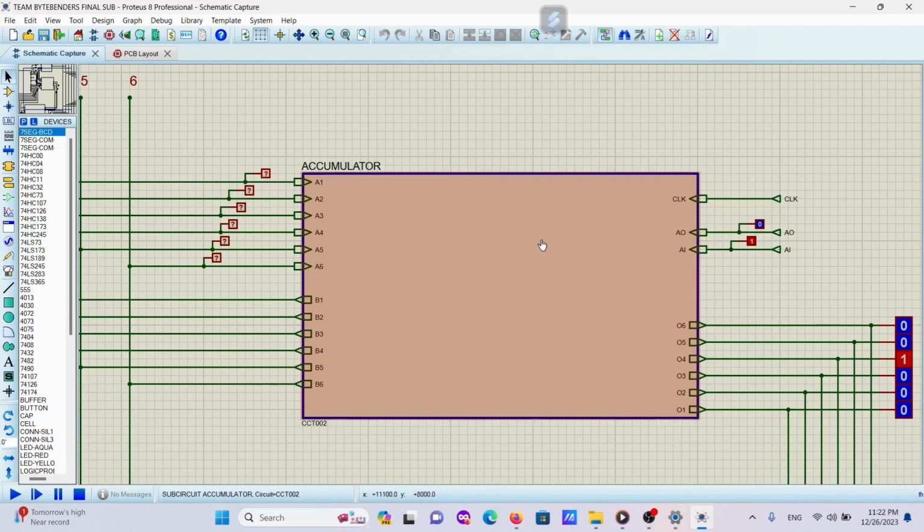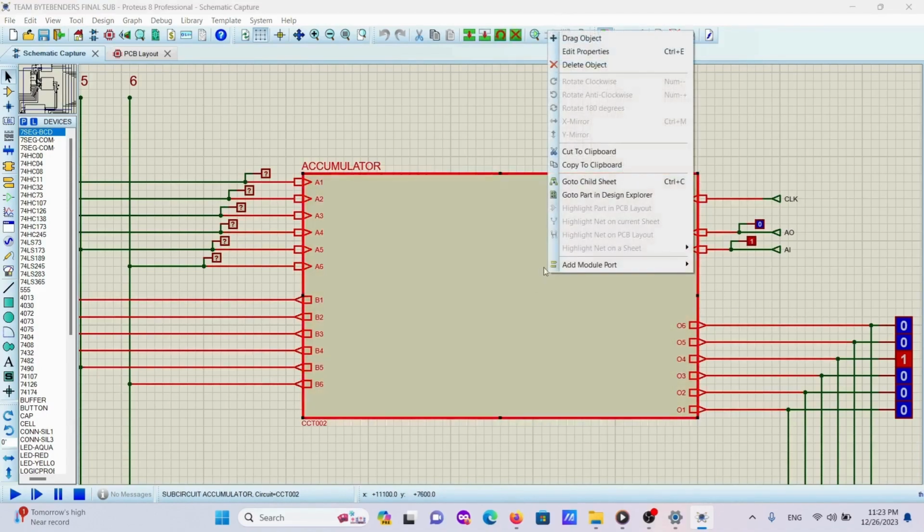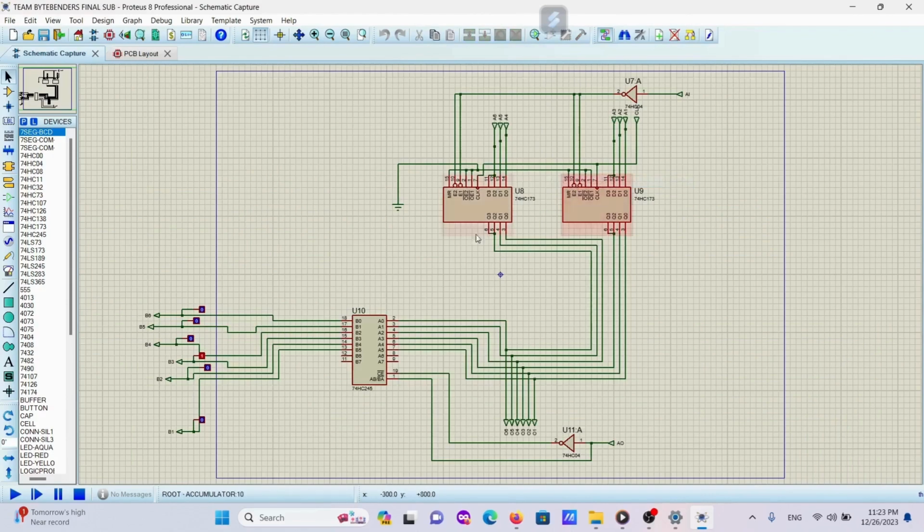Among the 2 enable pins, one is accumulator in, AI, which lets the data from the bus be stored into the accumulator, and when accumulator out, AO, is enabled, the data stored in the accumulator goes out. Now let's see how we design this accumulator by going into the child sheet.